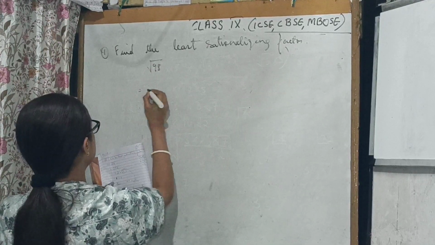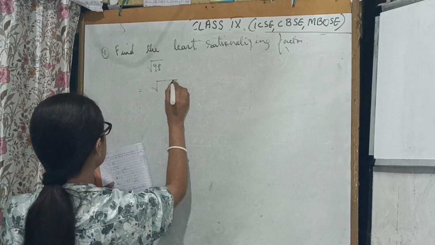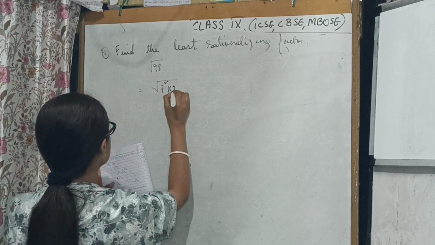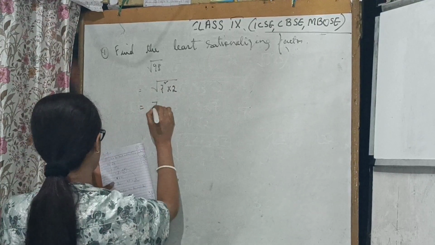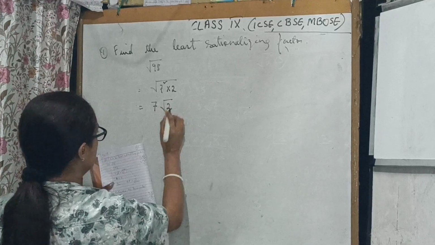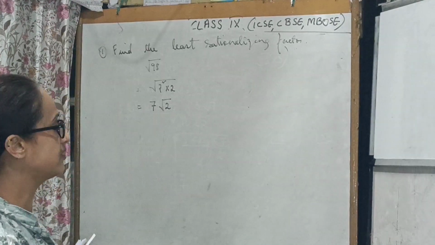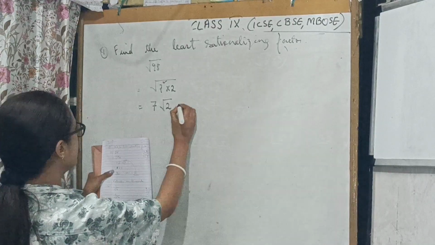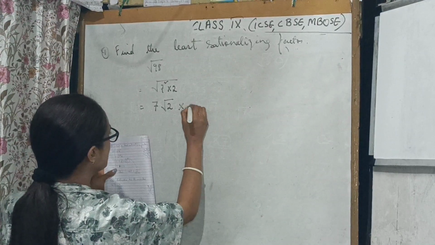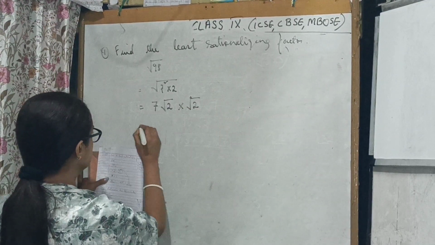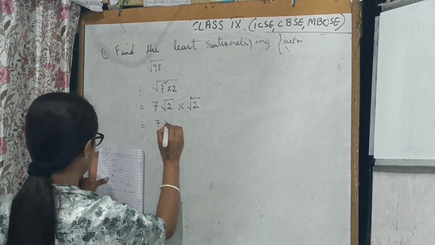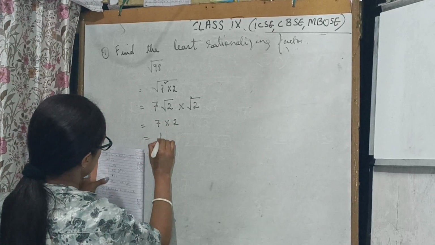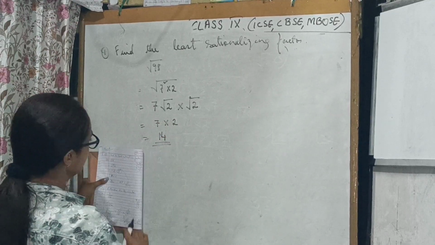(98). So the factors are 7 squared into 2. It is a square root. 7 comes out. My intention is to get rid of the root. So if I multiply with another square root of 2, I am getting what? 7 into 2. So I just have a number 14.